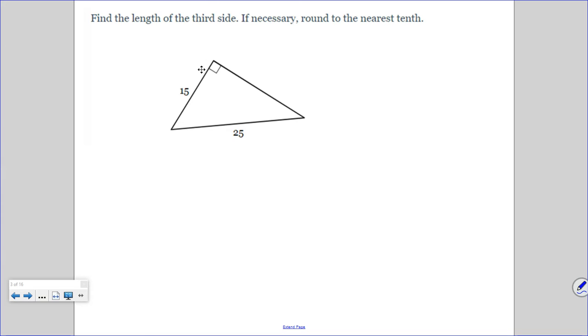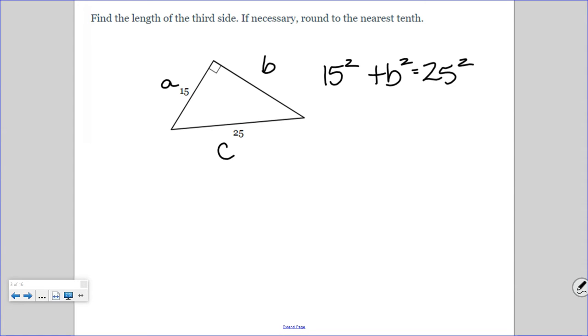If you have a right triangle like this where you're given the hypotenuse and a leg and you have to find the other leg, just be careful, watch which information that you are given. So let's call this side A, this one B, because C is always the hypotenuse. So I would set up the equation a squared plus b squared equals c squared, or I would do 15 squared plus b squared equals c squared, but c squared is 25 squared.